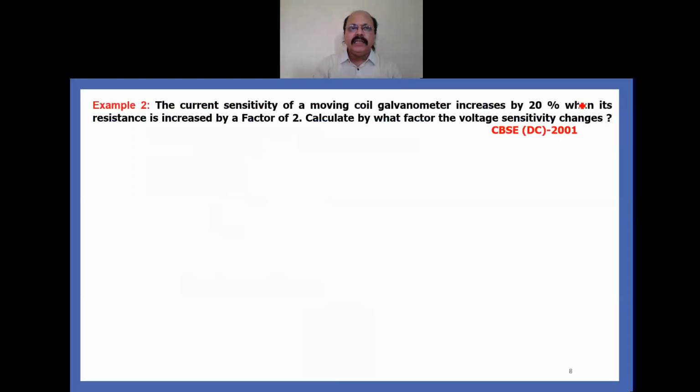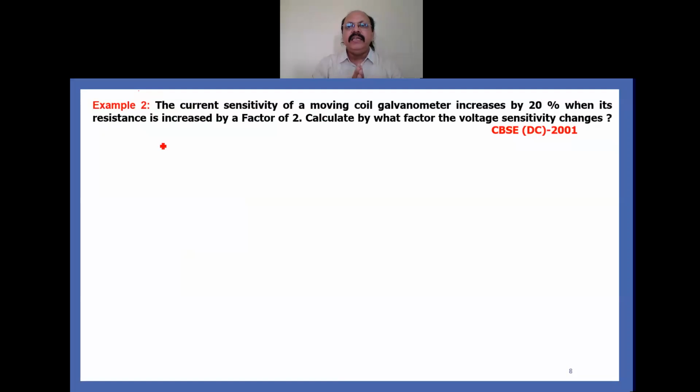Now we take another example. This question is also very important, and many times by changing the values it is asked in exam. The question is: the current sensitivity of a moving coil galvanometer increases by 20% when its resistance is increased by a factor of 2. Calculate by what factor the voltage sensitivity changes.